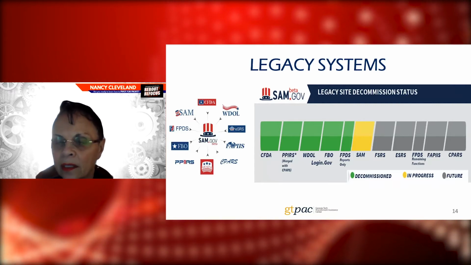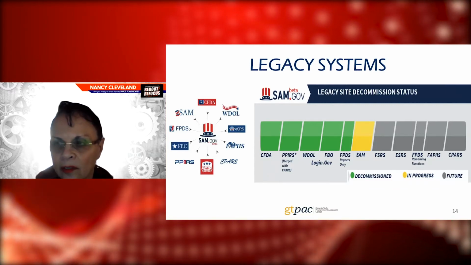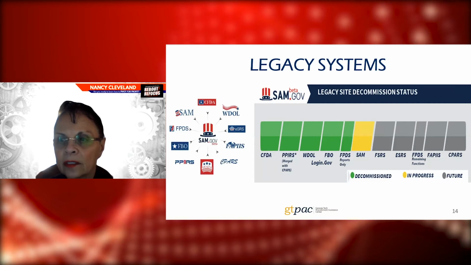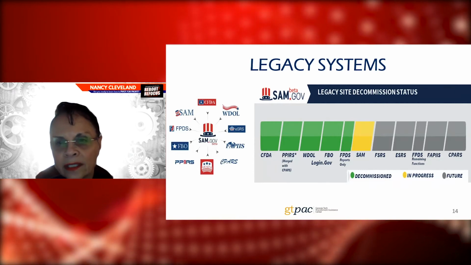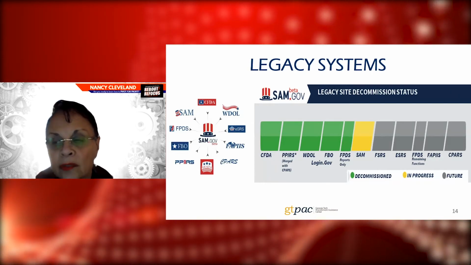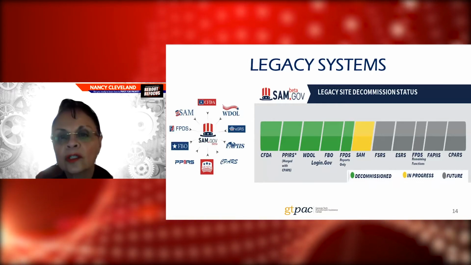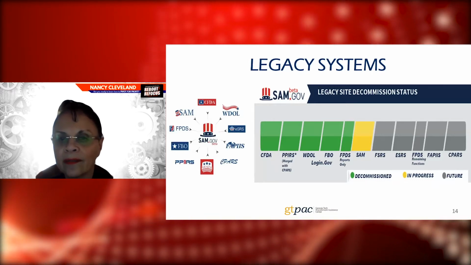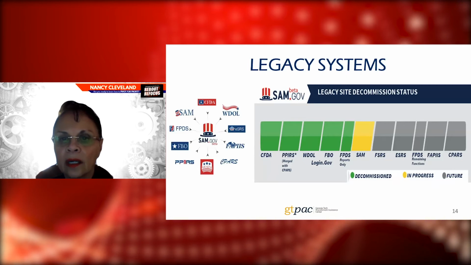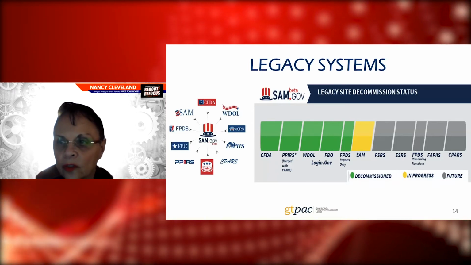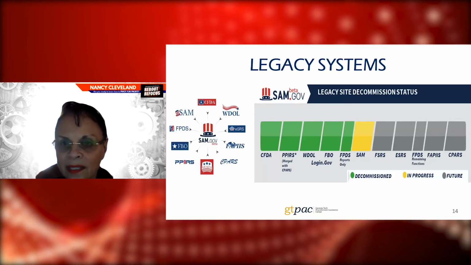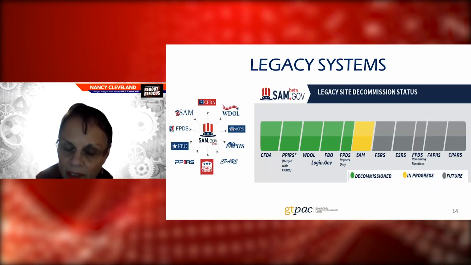One of the main reasons why it's taking a little bit longer is because your unique entity identification number is going to change. So they are working on that. Once it's up and running, you or your business will be assigned this unique entity identification number by GSA or the government.